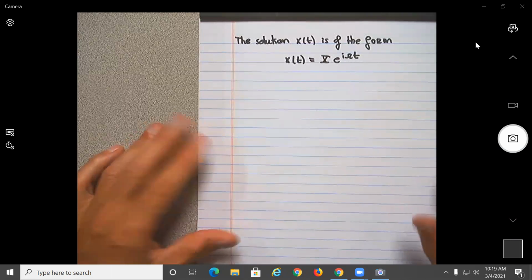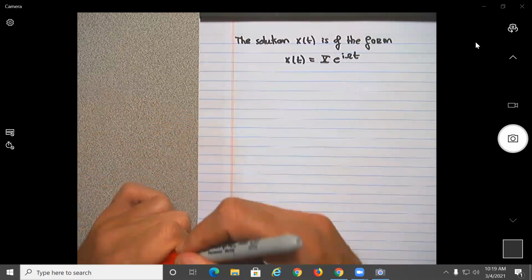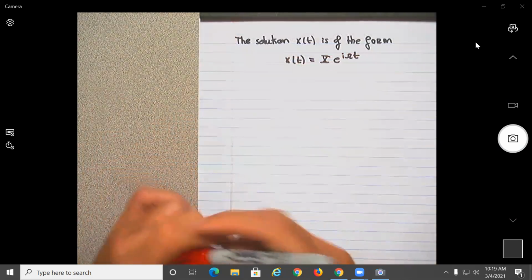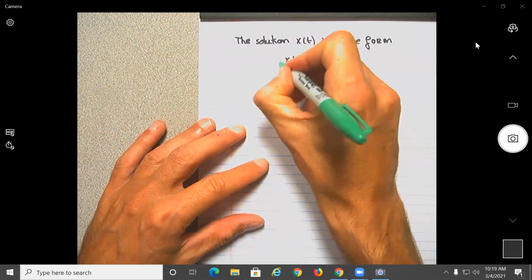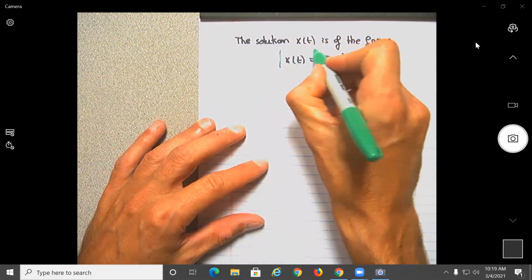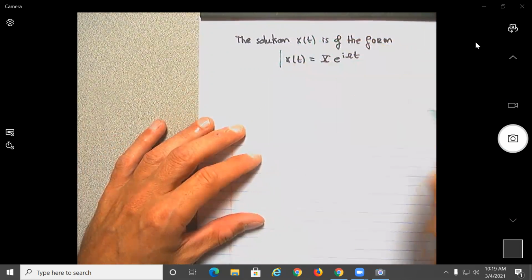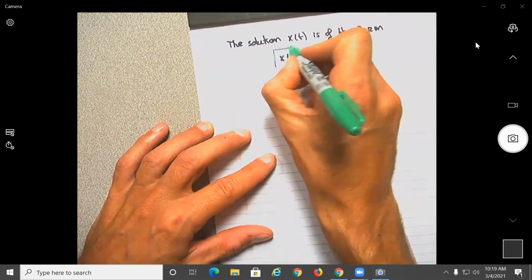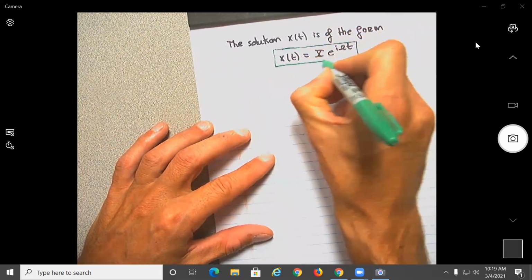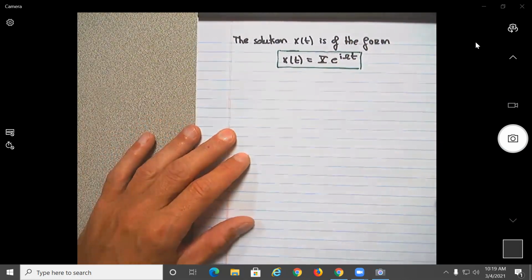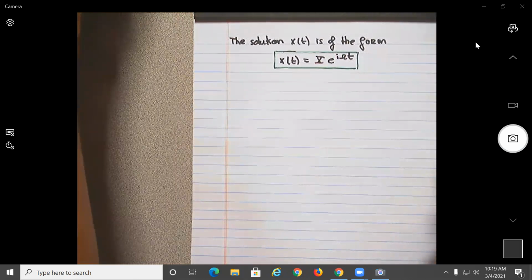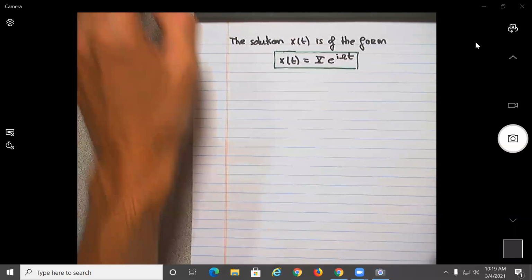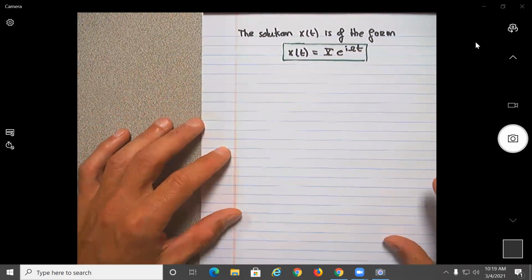Okay, so now let me do this in another color. All right, so now we can find x from the expression we just found for x over y, on the previous page.